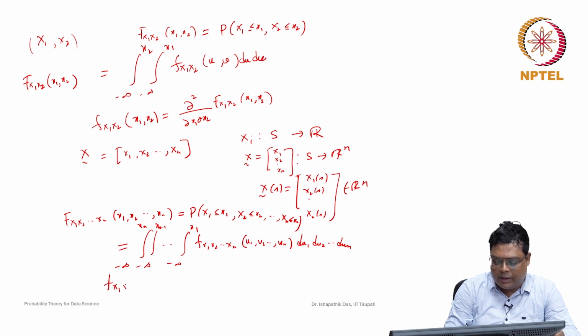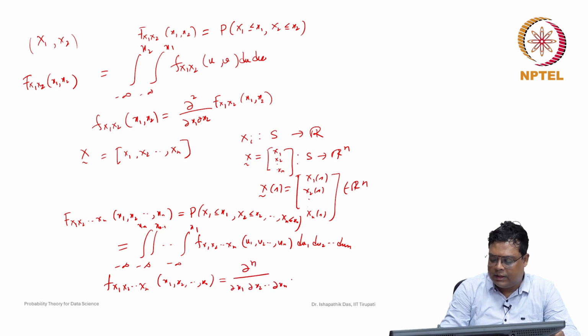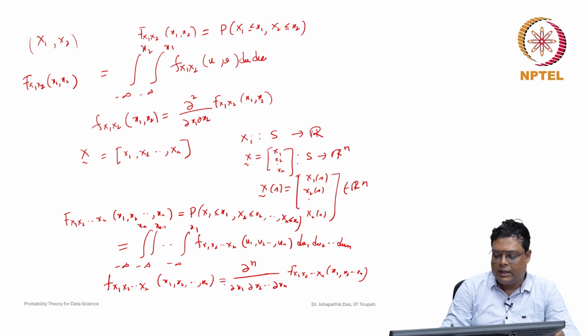This joint probability density function, f of x1, x2, up to xn, is equal to the n-th order partial derivative, del n over del x1 del x2 up to del xn, of F of x1, x2, up to xn, and we assume this derivative exists.